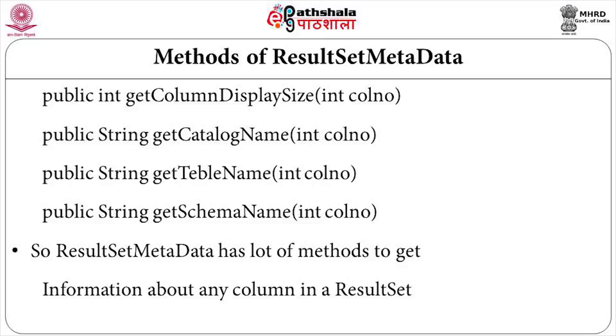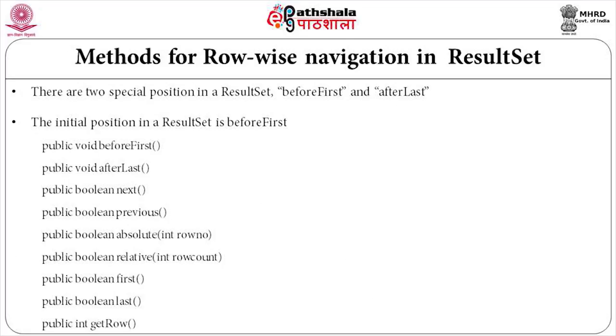So we even got methods like getTableName and getSchemaName. So given a column, a lot of information is available through the API, through this interface called ResultSetMetaData. ResultSetMetaData is all about information about any column.